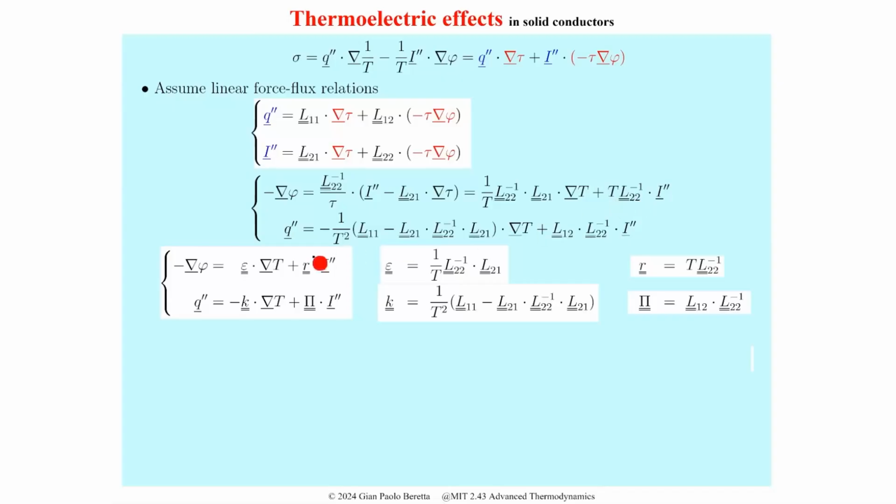This other term, we call it the electrical resistivity of the material. So the L was the conductivity, electrical conductivity, as we spoke before. Now this combination of L's here with the 1 over T squared, we call it thermal conductivity. And this last one, we call it the Peltier coefficient. And here we repeat their definitions, just for clarity.